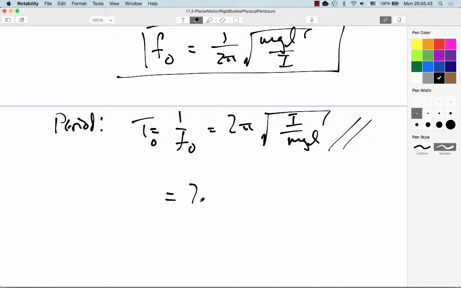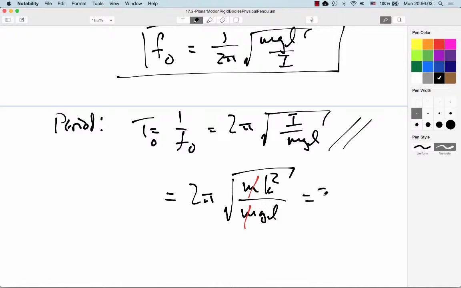We can express our moment of inertia as mk squared. So then this becomes mgl, right? And we can cancel our m's. And so we get that it is 2 pi root k squared over gl.